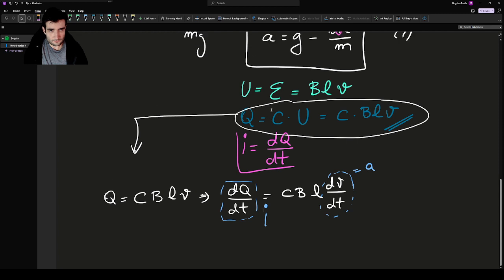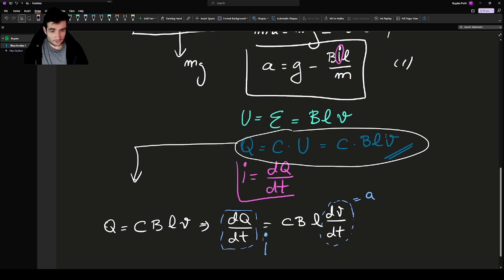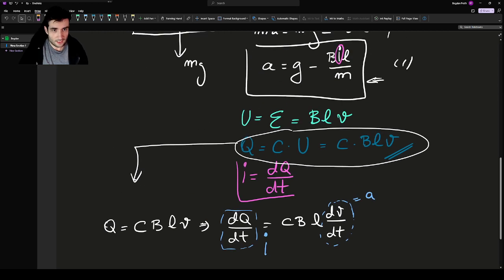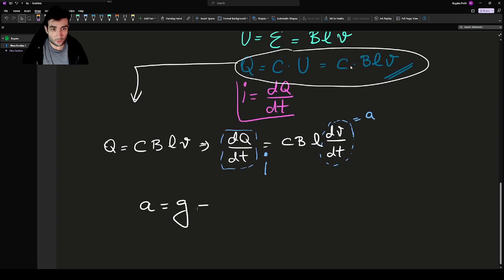So I would take this and I would put it in this equation, which is Newton's law of motion. So I have that the acceleration is equal to g minus, and then I have, I'll write BL over m first.